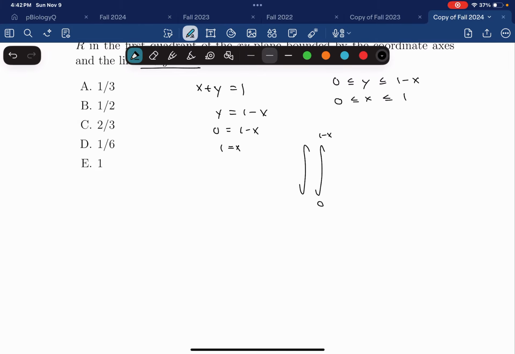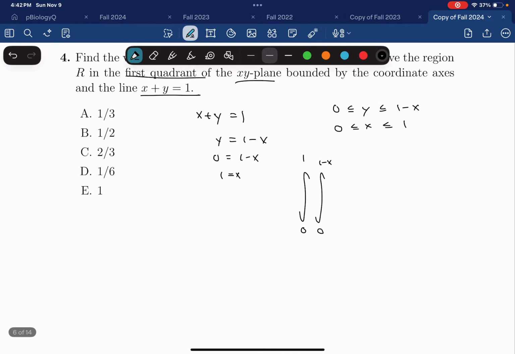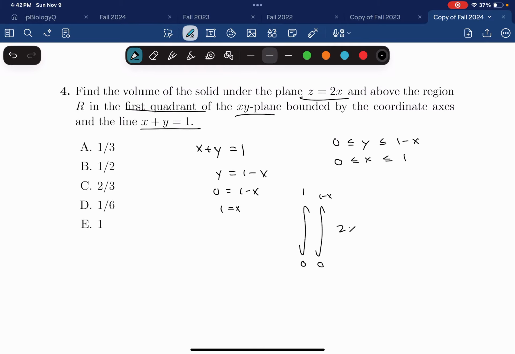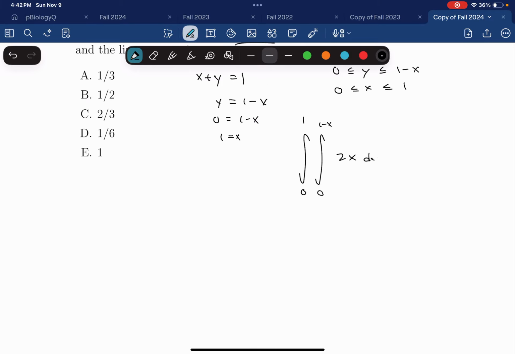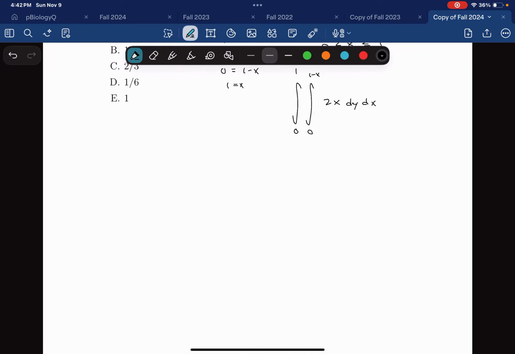0 to 1, 0 to 1 minus x. Z is equal to 2x in this case, so it would be dy dx. Sweet. Okay, so to find the inner integral, you get 2xy from 0 to 1 minus x, which is equal to 2x times 1 minus x. So you get 2x minus 2x squared.